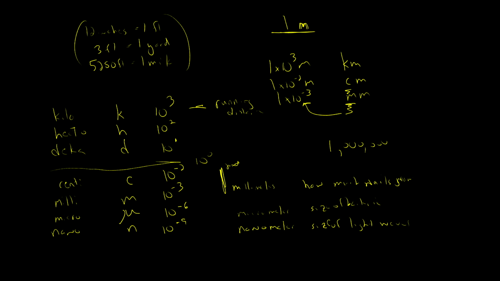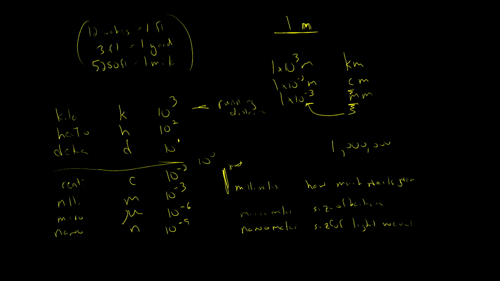And so what we can do is look at a system where I know 1 inch is defined as 2.54 centimeters. So if I want to talk about, say, we run 5 kilometers, how far is 5 kilometers in miles?